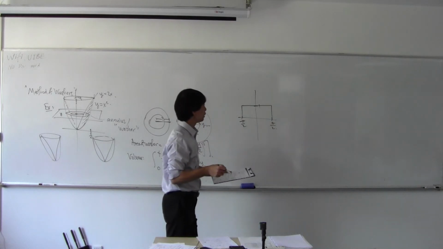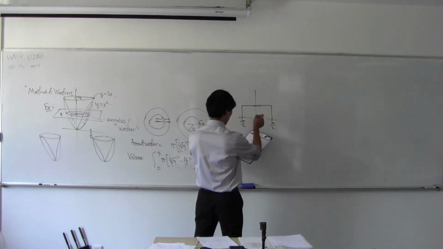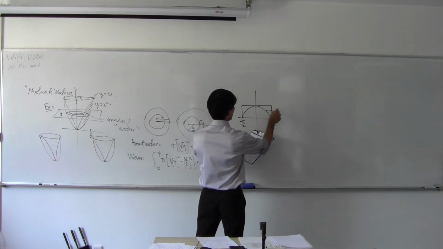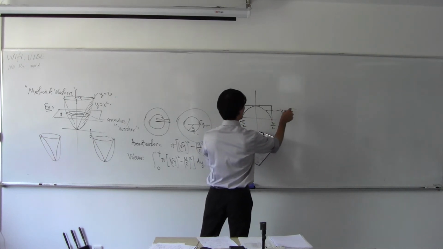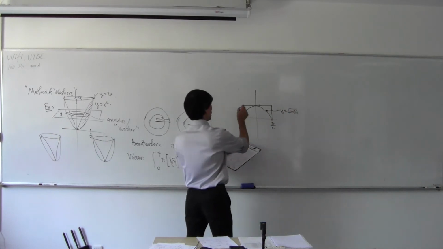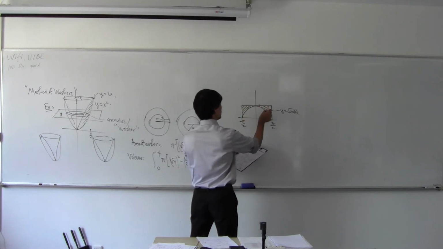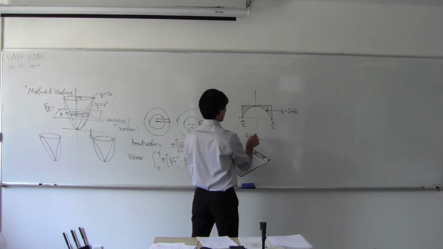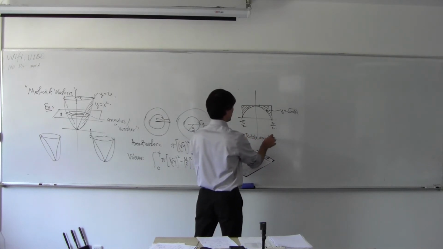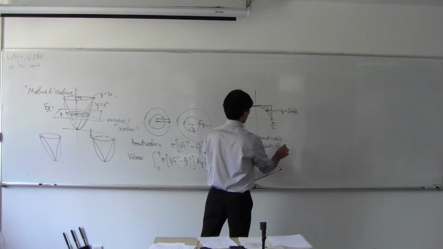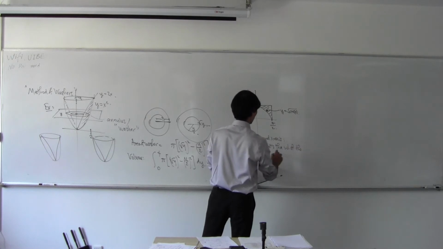You have this rectangle, and you also have this thing here, which is y equals root cosine x. Okay? And I want you to take the difference and rotate it around the x-axis. What's the volume of the solid generated?